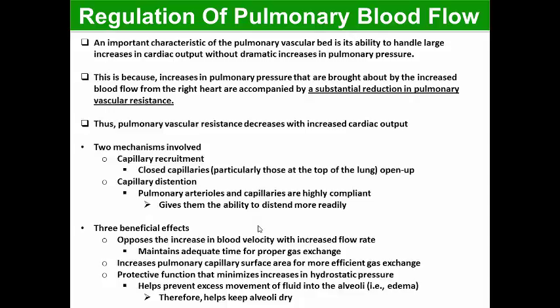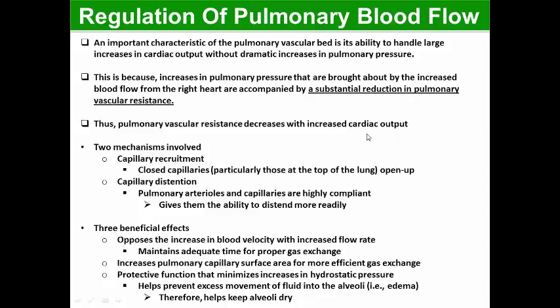If the resistance is not decreased, we might expect that the increase in the cardiac output will increase the pressure. But this doesn't happen because the resistance is decreased. So the pulmonary vascular resistance decreases with increased cardiac output.